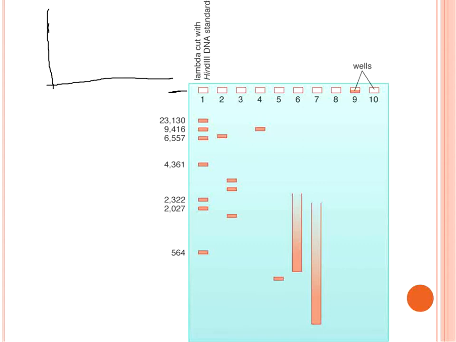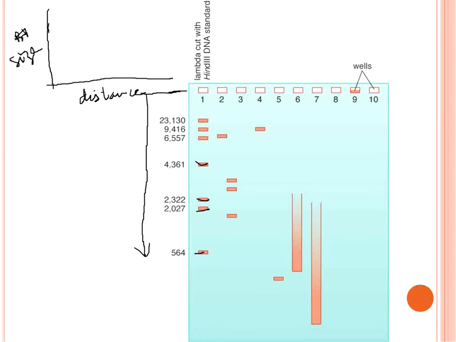You can measure the distance from this point. You can measure the distance of this fragment, this fragment, this fragment, this fragment. So you can plot distance. And over here you can plot the base pair number, right? The size. So you're essentially plotting size versus distance of the fragments.